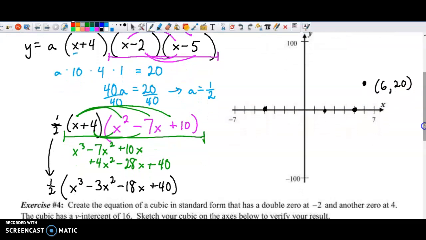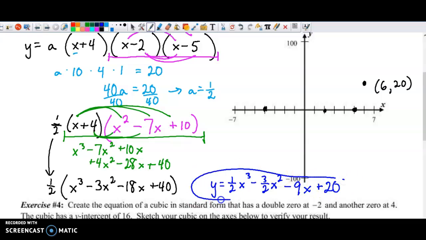So what's my final answer? I didn't mean to squeeze it all the way over here. Maybe I'll do this in blue. We have to distribute 1/2 to everything. So 1/2 x cubed minus, we'll just leave it as 3/2 x squared. Half of 18 is 9, and half of 40 is 20. And hopefully you've picked up on this already, that this last number is the y-intercept.